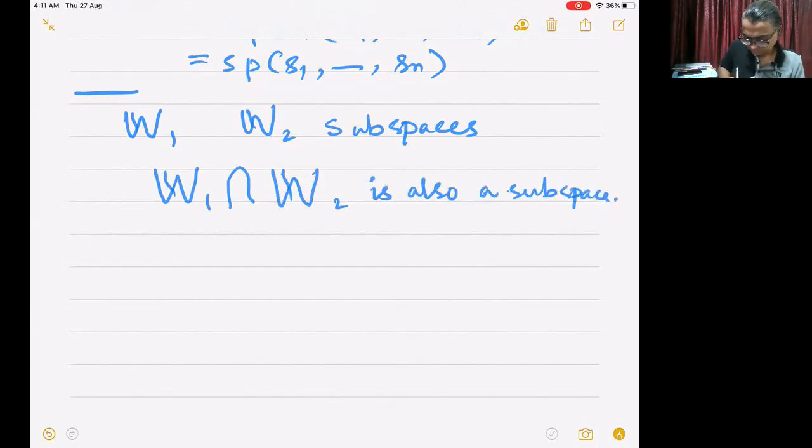In fact, you can take infinite intersections also. So you can have the intersection over some index set of W_i. This is also a subspace.